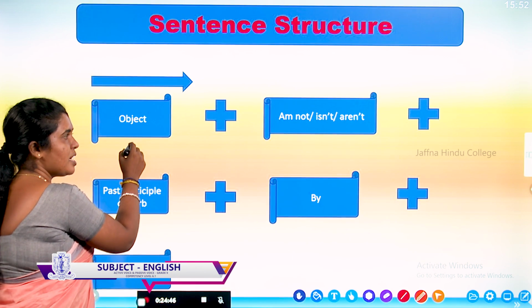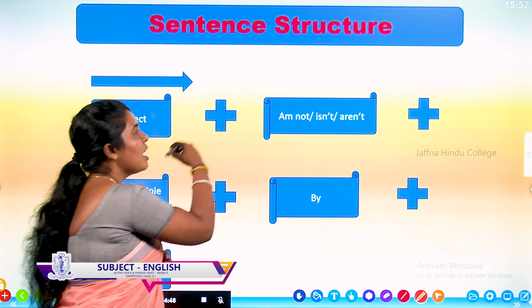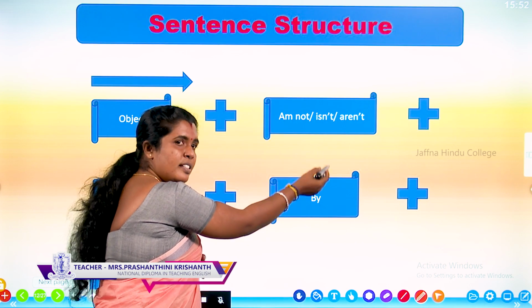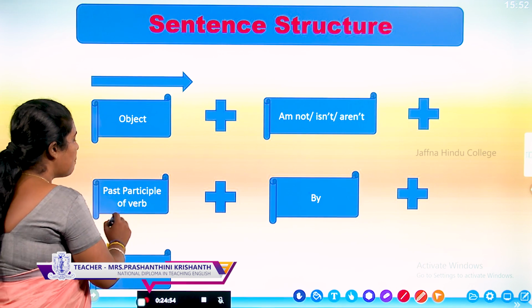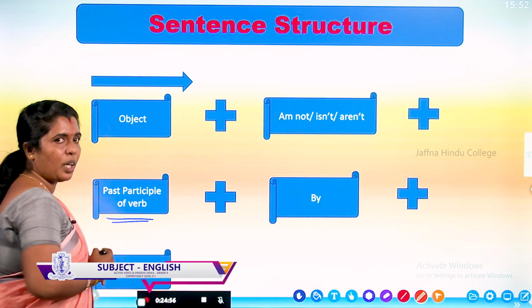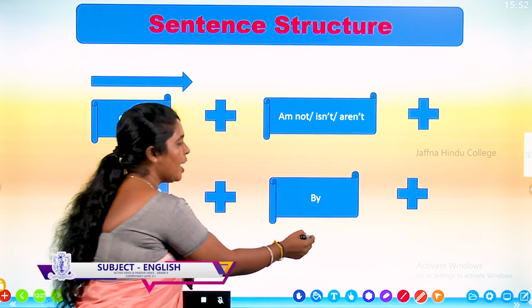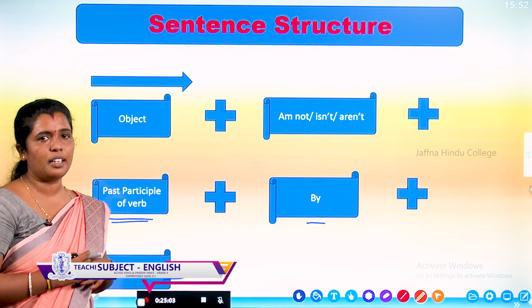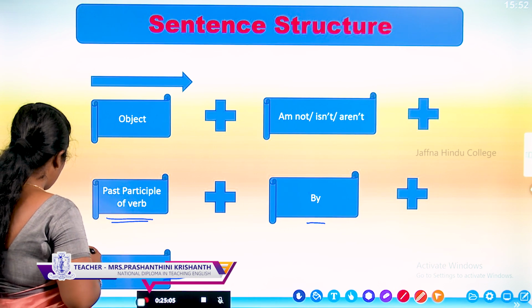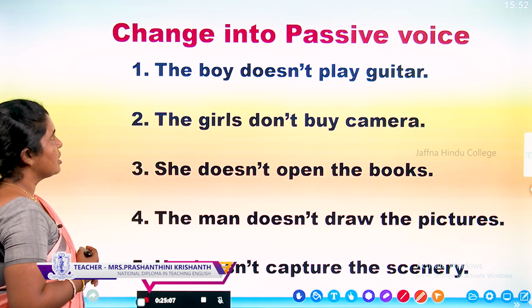Object should come first. After that, am not or is not or are not. Then the past participle of the verb. Then by. And finally you have to add the doer.